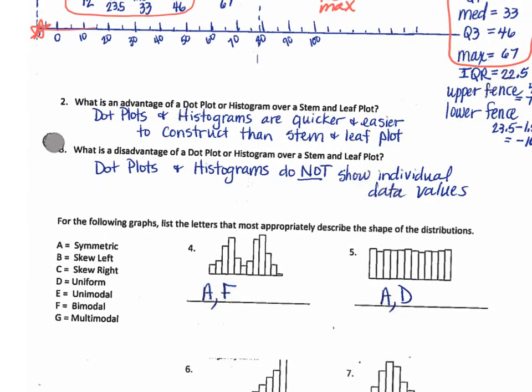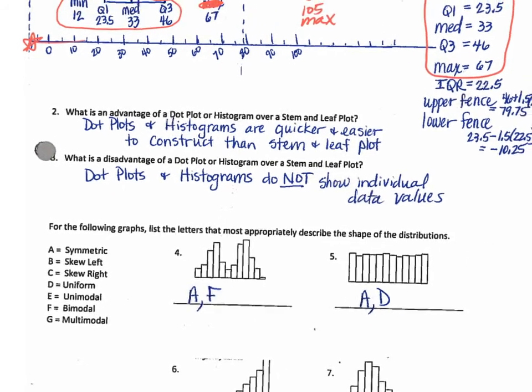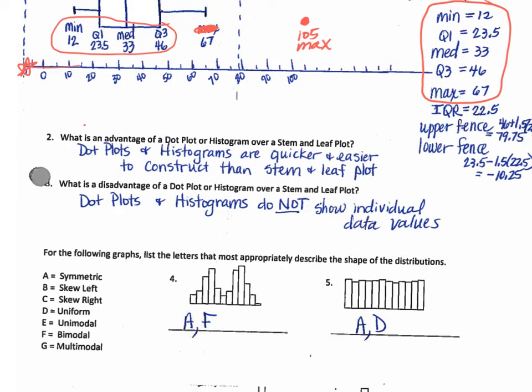Now, this number 2, do you remember that? I know that Andrew corrected this for me yesterday. Remember that we discussed this, and I had to come back the next day, that when you have a dot plot, you actually do plot the individual pieces of data.